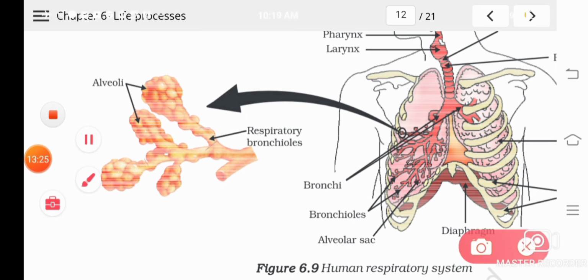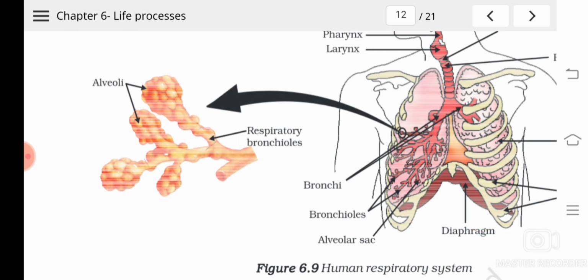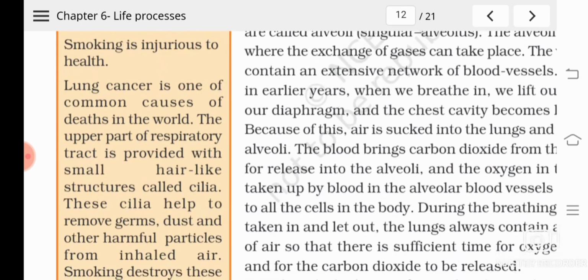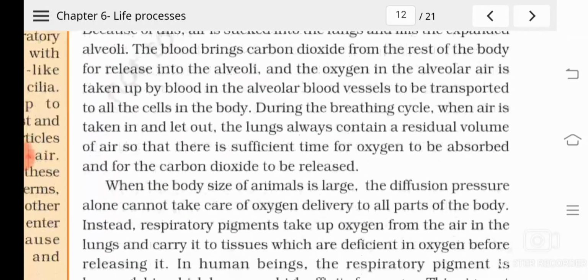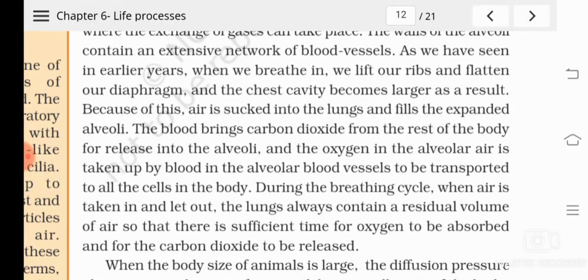There is a rib cage and there is a diaphragm. So it simply looks like a closed cage. This helps in the process of respiration, which is called the breathing mechanism. During breathing, what happens is, we lift our ribs.